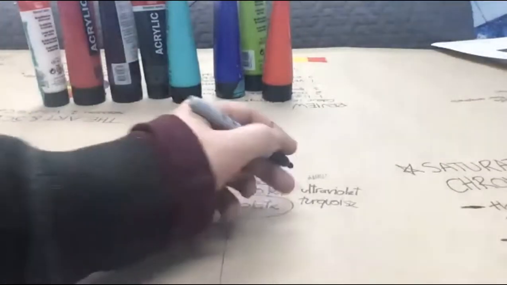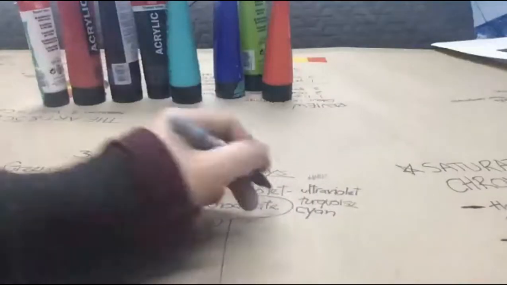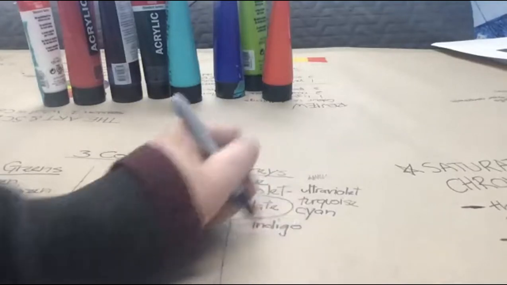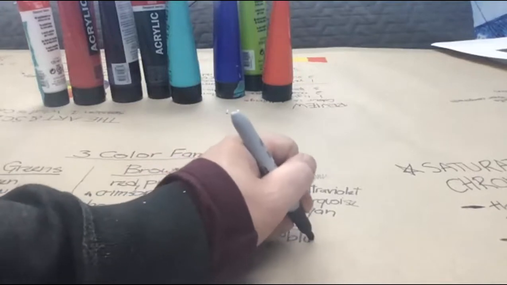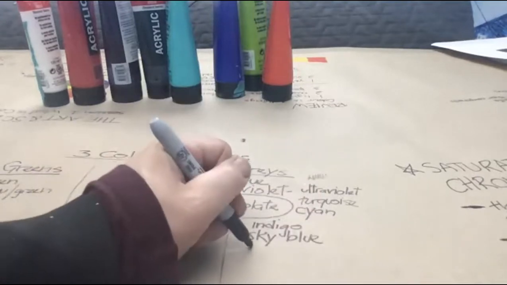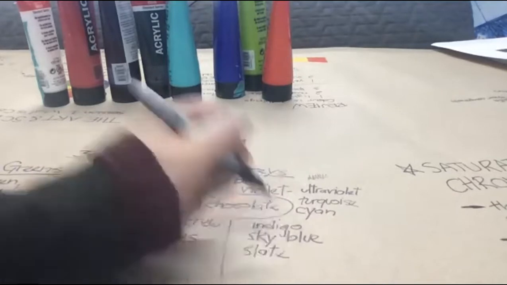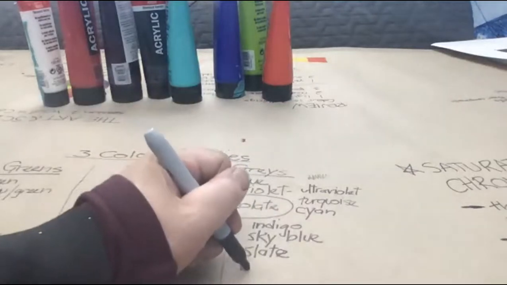Each one groups with a different one. So in this case, cyan, right? Of course, indigo, sky blue, but also the grays like slate, right? And most things that we think of as medium gray.